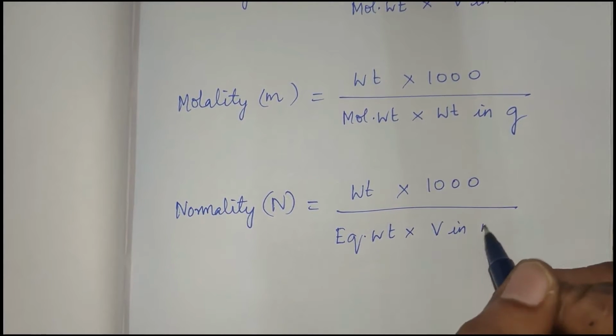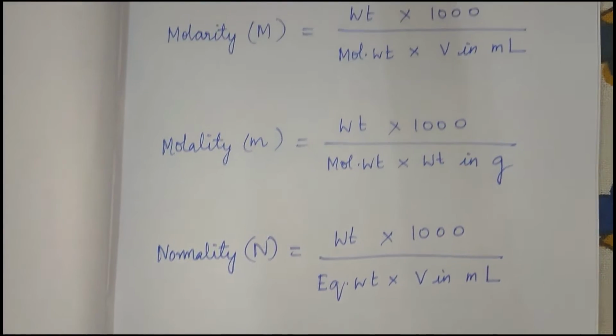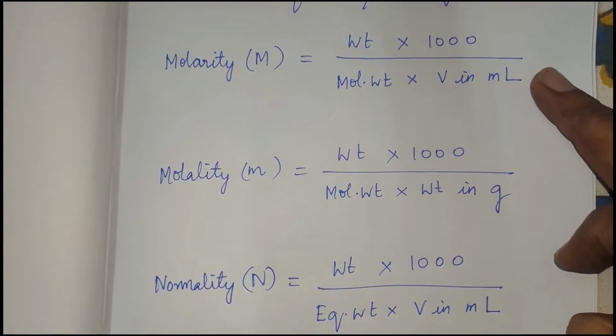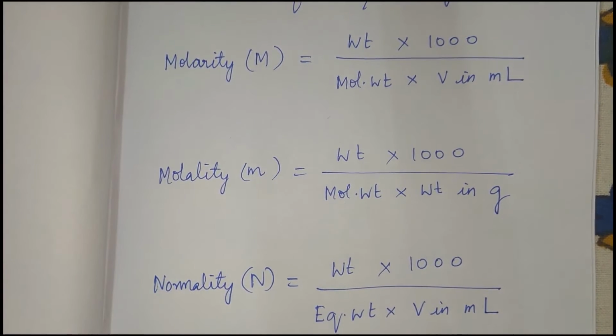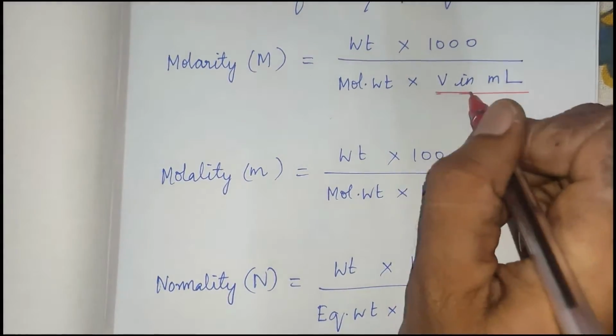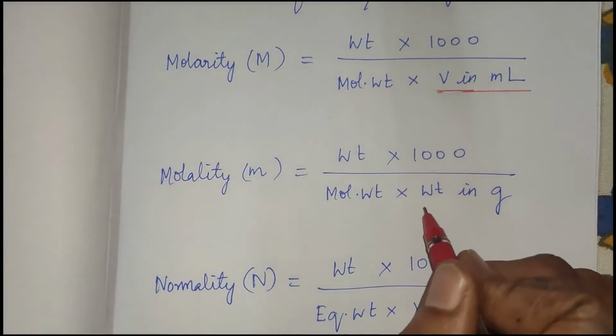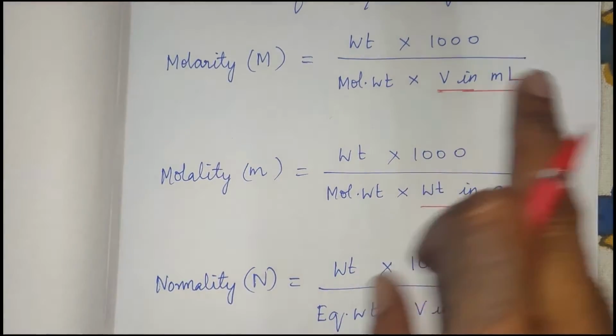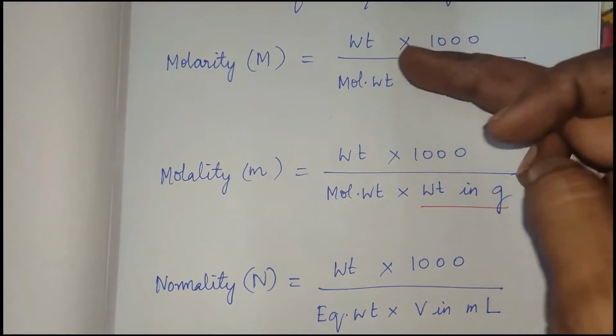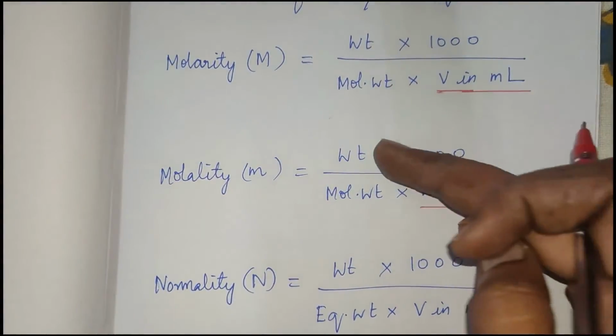by volume in milliliter. Now you see the difference between molarity and molality, right? For molarity we are going to take volume. For molality we are going to take weight. So volume in ml, weight in grams. Others are same. See, weight by molecular weight, weight by molecular weight.